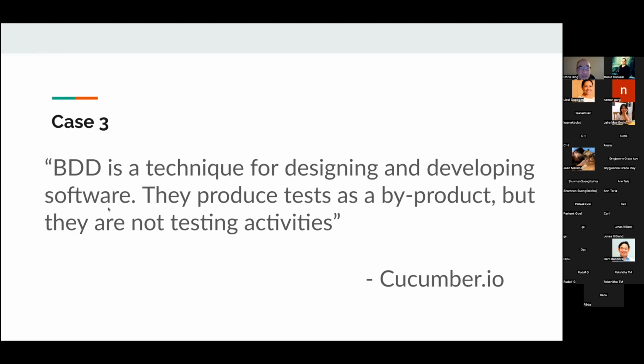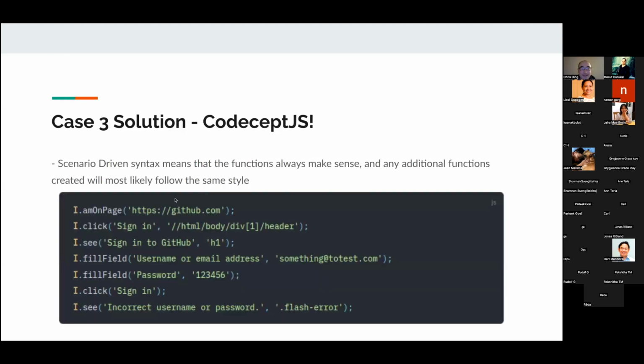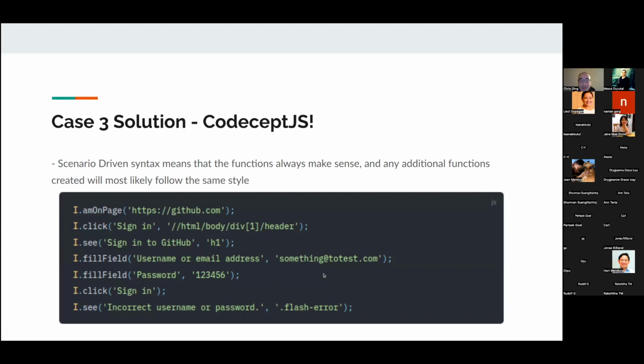So BDD is probably, in my mind, not a binary thing, but more of a gradient thing. So with CodeceptJS, you can create test files which will let you get closer to true BDD, so to speak, even though probably no one can achieve true BDD.